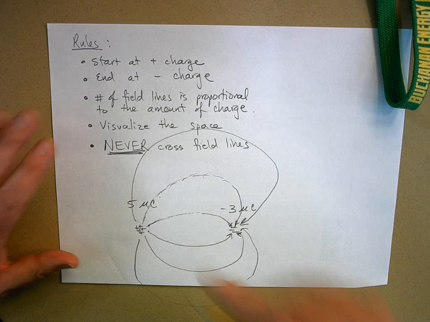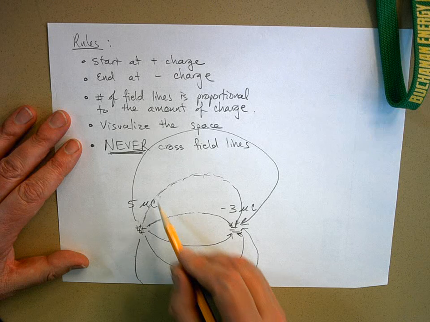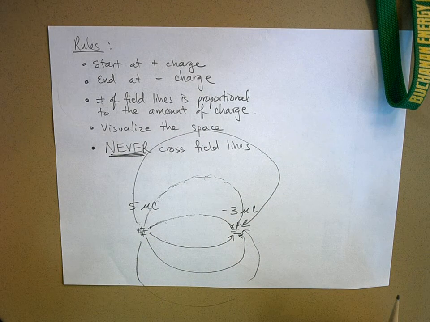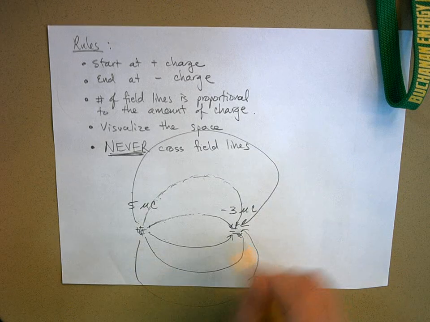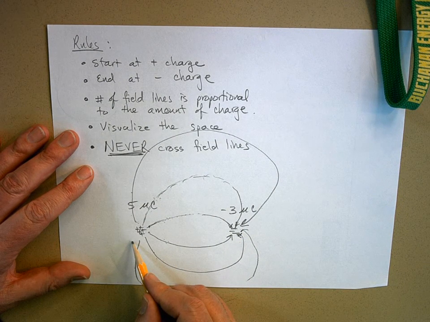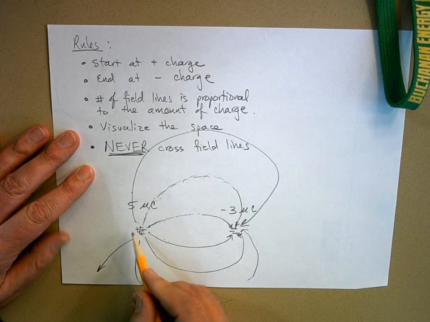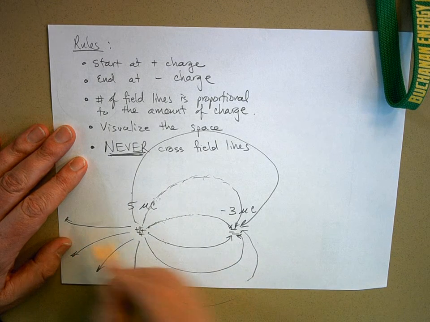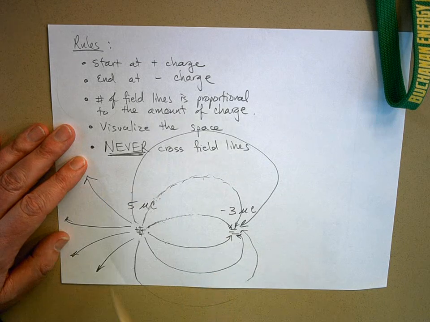So I have 1, 2, 3, 4, 5, 6. So I need 7, 8, 9, 10, right? If I have 6 coming in here, I have to have 10 coming out here. So 1, 2, 3, 4, 5, 6, 7, 8, 9, 10. Now, where do these end up?